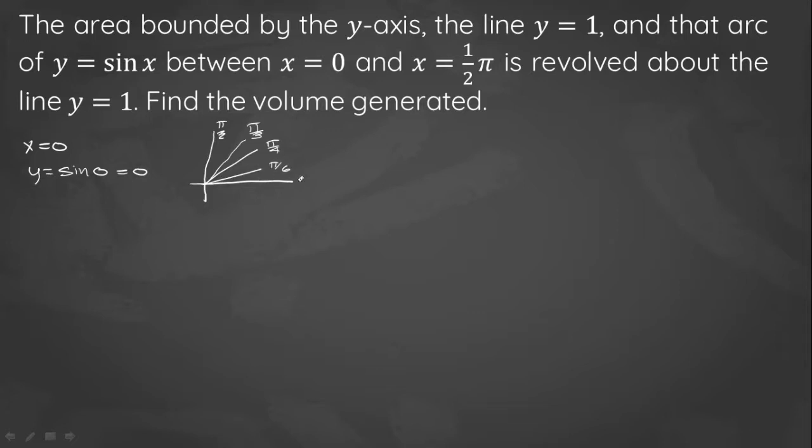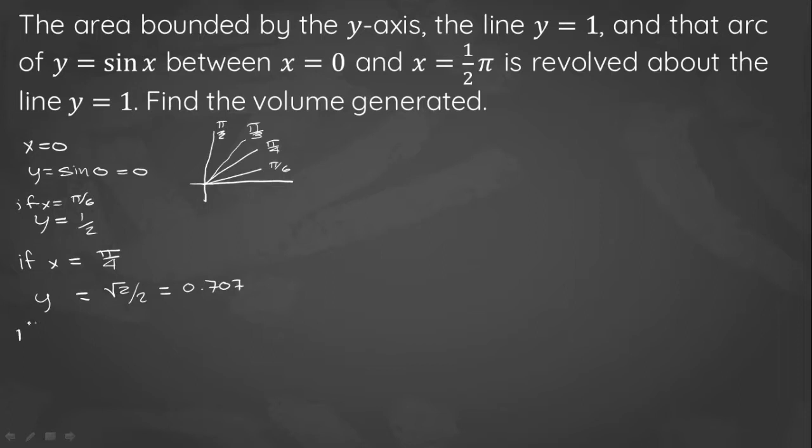Now, by substituting our angles to our function for y, if x is equal to pi over 6, then y is equal to 1/2. Now, if x is equal to pi over 4, y is equal to sine of pi over 4, which is simply square root of 2 over 2, or approximately 0.707.